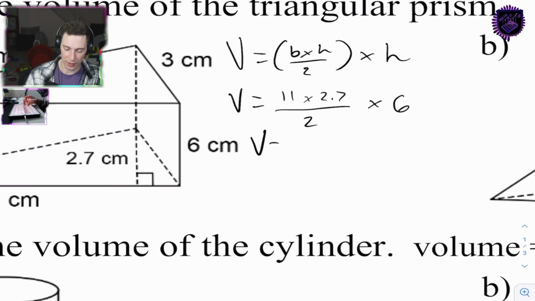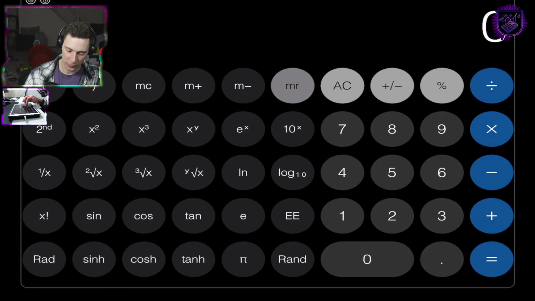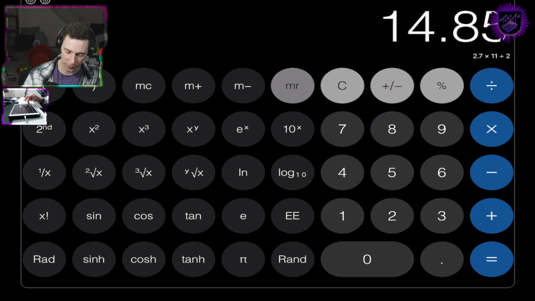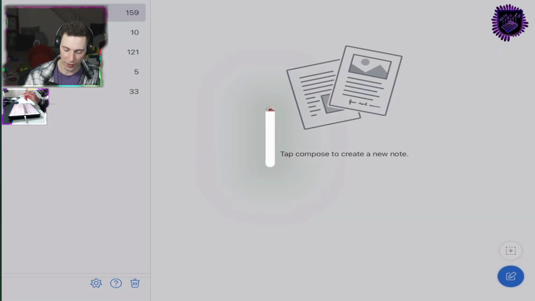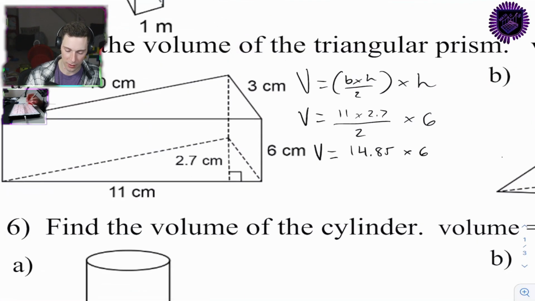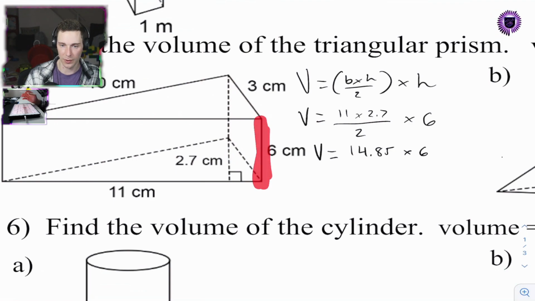Let's take a step back here. 2.7 times 11 divided by 2 is 14.85. So the volume will be equal to 14.85 times 6, right? So it's the area of this times the length of the prism.